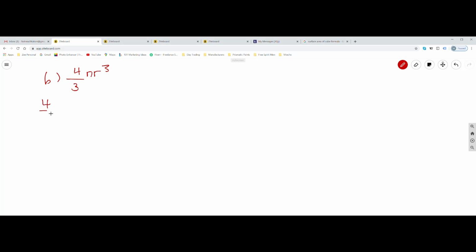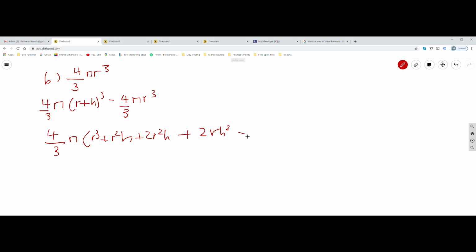So you have 4 over 3 pi (r plus h) cubed minus 4 over 3 pi r cubed. 4 over 3 pi bracket r cubed plus r squared h plus 2r squared h plus 2rh squared plus h squared r plus h cubed minus 4 over 3 pi r cubed.